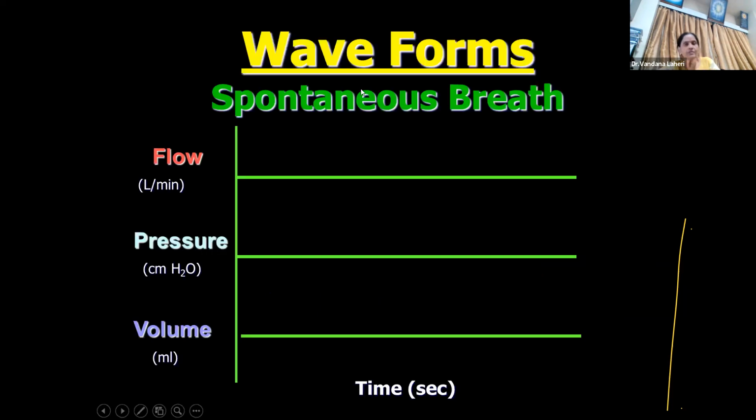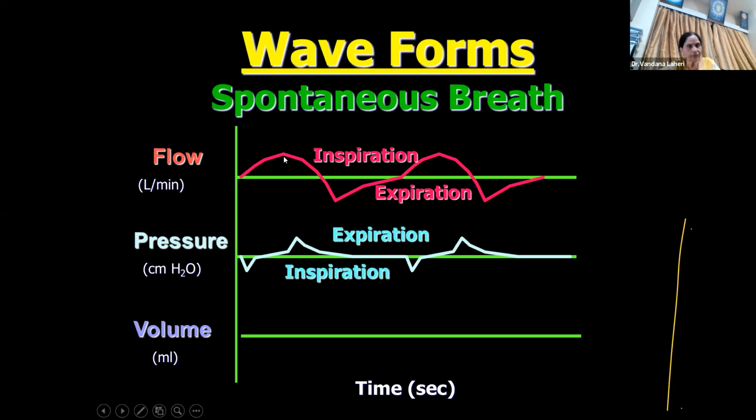Now waveforms, let us see how the waveform of a spontaneous breath looks. That means if you connect a patient who is breathing spontaneously to a ventilator, and he is breathing normally as he would breathe from the ventilator circuit, then the flow would look like this. We all know that normal inspiratory flow is a sine wave pattern. So you can see that sine wave pattern over here.